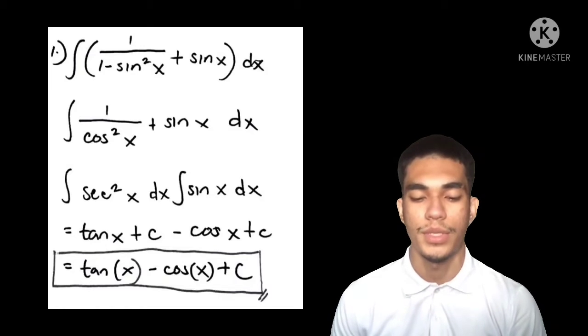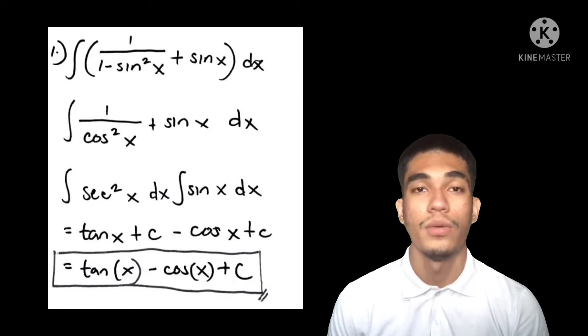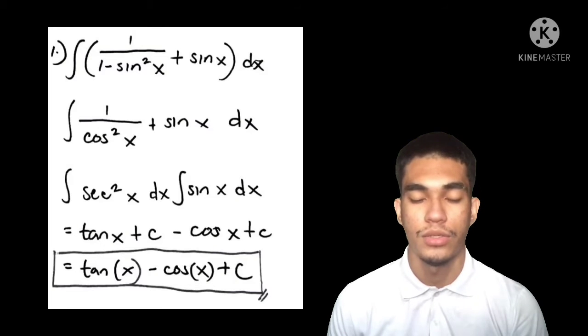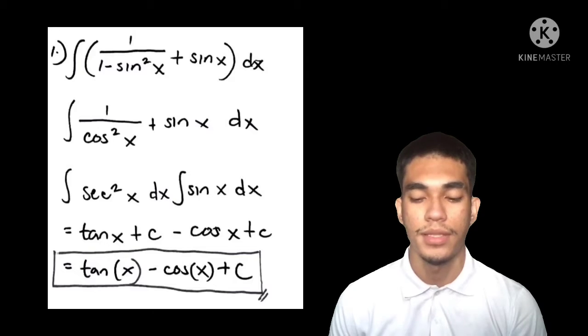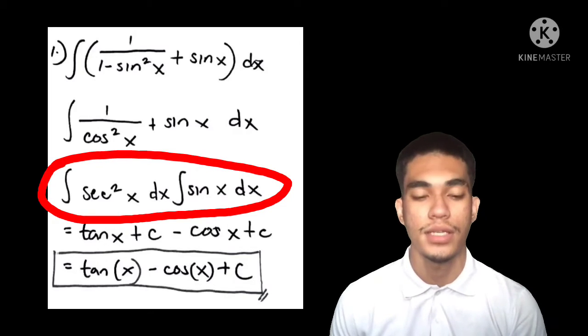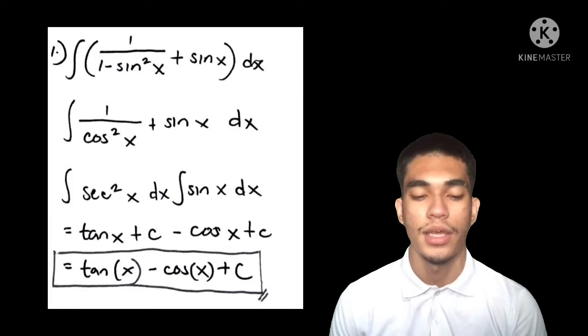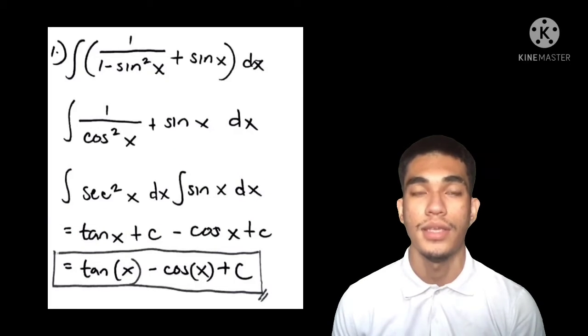Our next step is to convert our 1 over cosine squared x to its reciprocal identity and split the integral into 2. Now we have the integral of secant squared x dx and the integral of sine x dx.